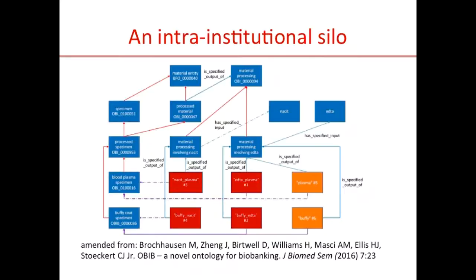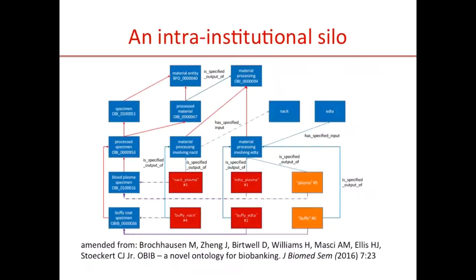They only did EDTA. So they named their specimens Plasma and Buffy. Now, for the people who were retrieving data, and that was a real-world problem, it was a nightmare finding all EDTA plasma specimens across the institution, because some of them just were not called EDTA. They were just Plasma or Buffy.